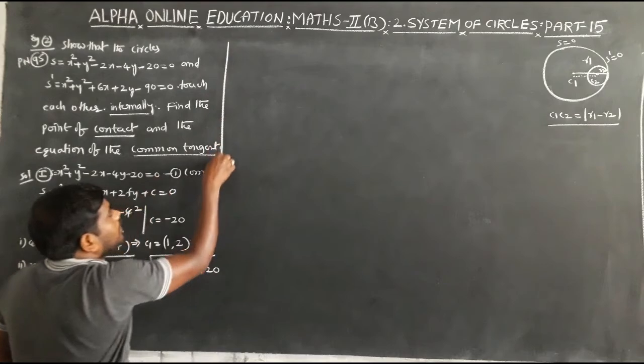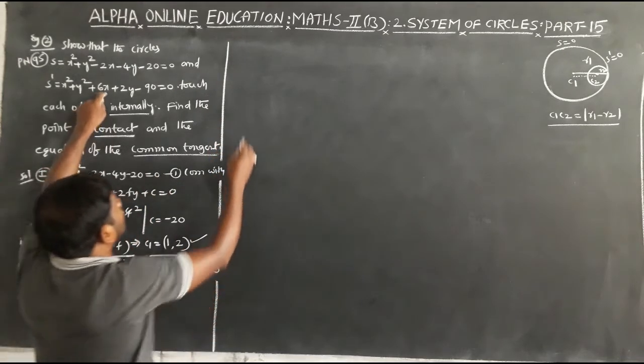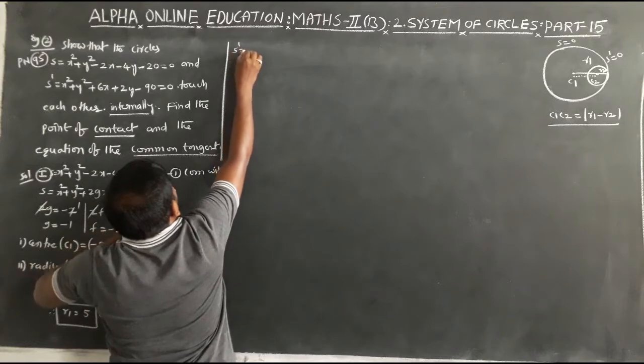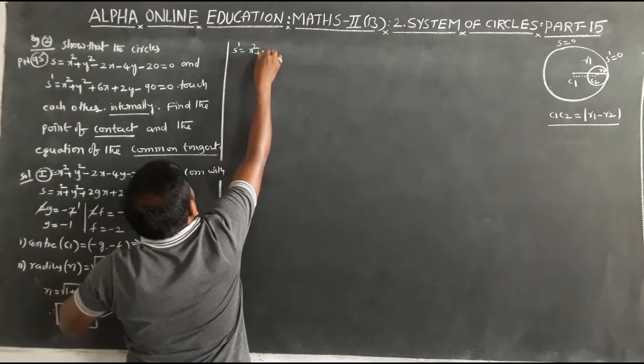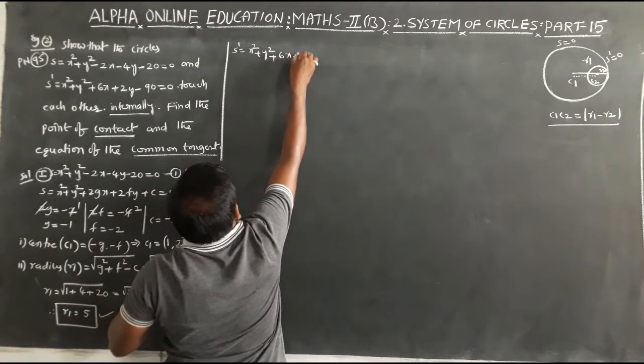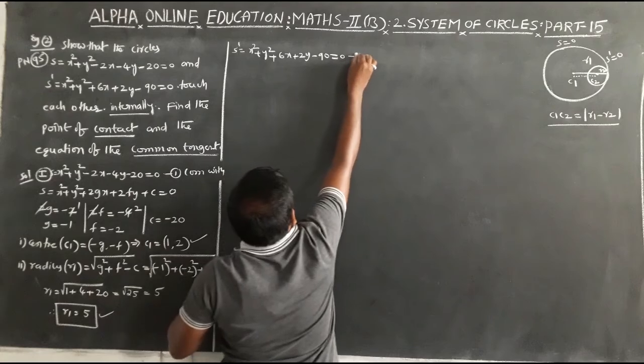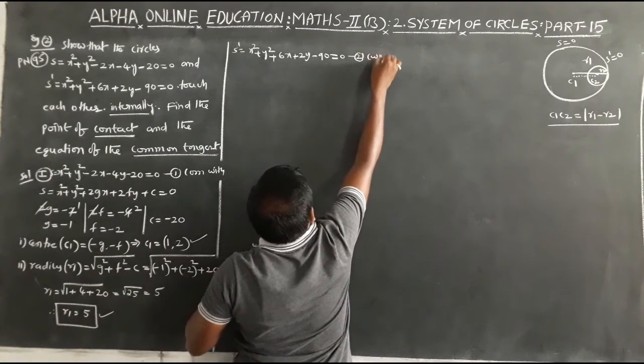Again, find the center and radius of the second circle. S' = x² + y² + 6x + 2y − 90 = 0.